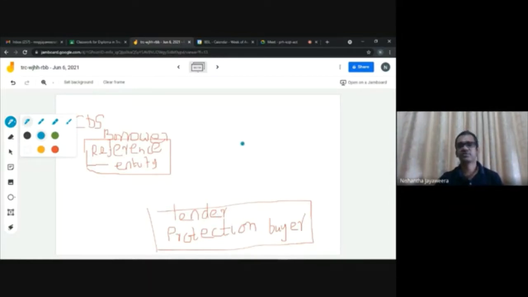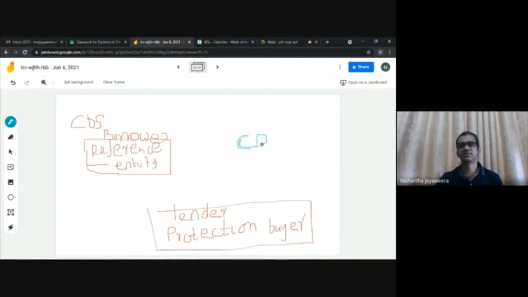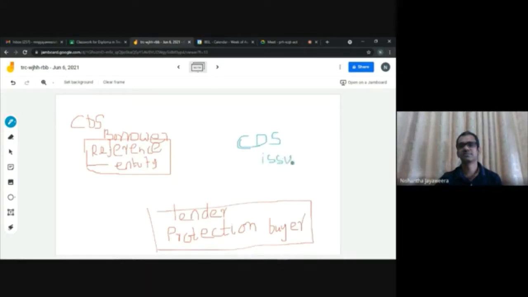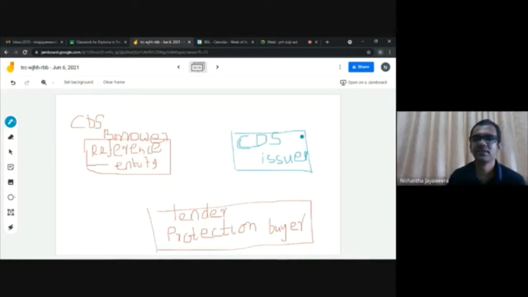So there can be some other party we call a CDS issuer. This is a third party, nothing to do with these two parties. This is a completely different entity, a CDS issuer.